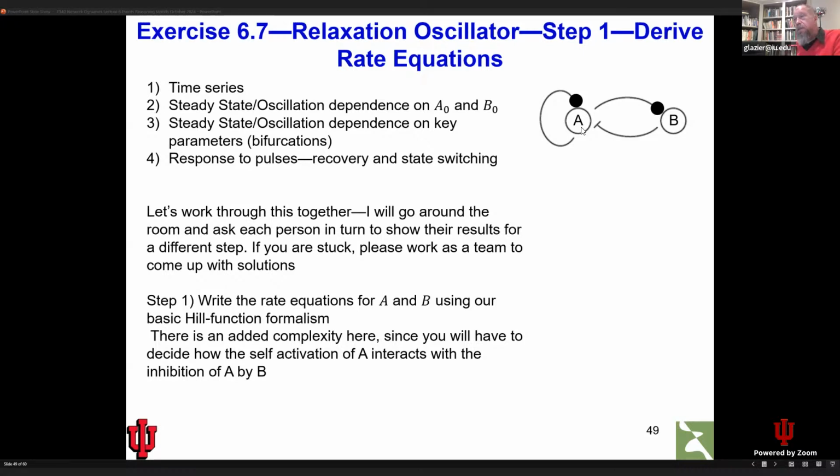So the simplest thing here would be to assume that the signal is multiplicative, that you have an activating Hill function for A multiplied by an inhibitory Hill function for B. Although Herbert actually comes up with a rather complex functional form for this one, and I'm not exactly sure where he gets that.